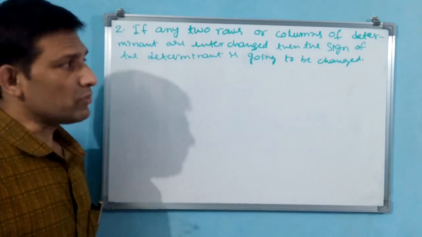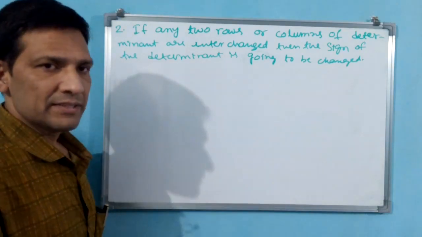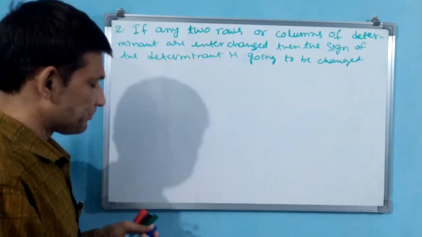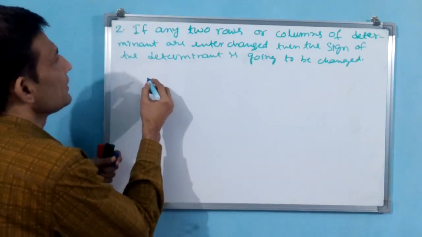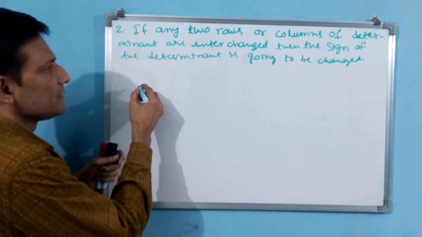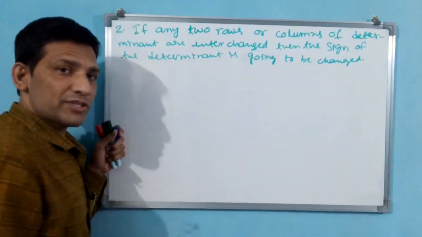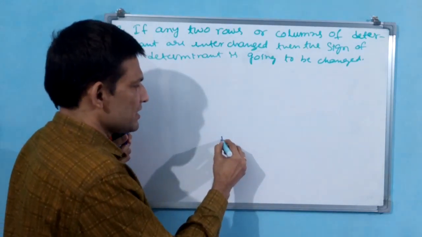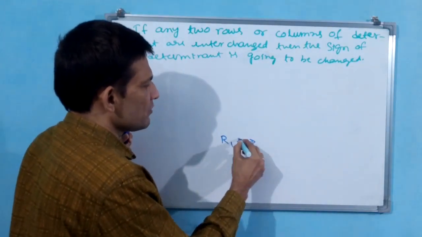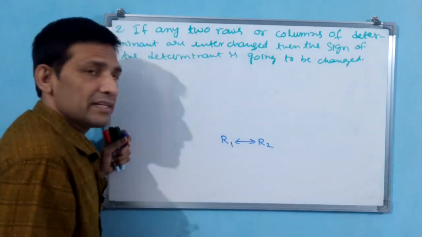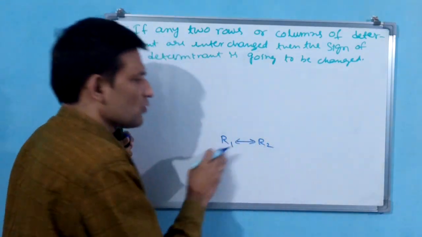Let us take one example. We will verify it, then we will go for proof also. You see what I am writing. Normally, how do we show interchange of rows? If R1 and R2 are being changed, we write R1 goes to R2, R2 goes to R1.